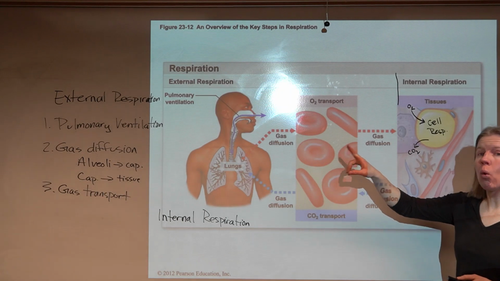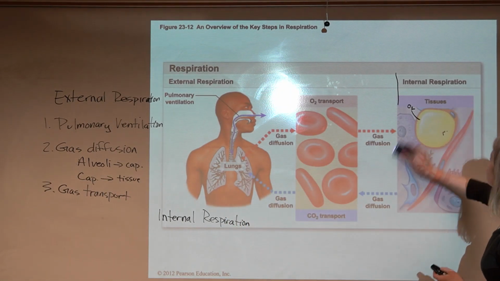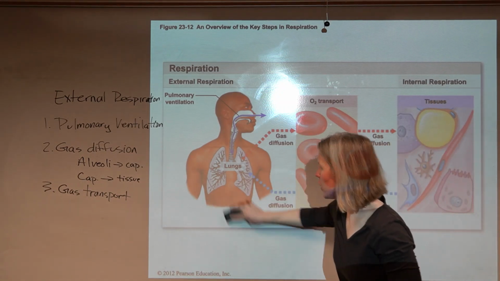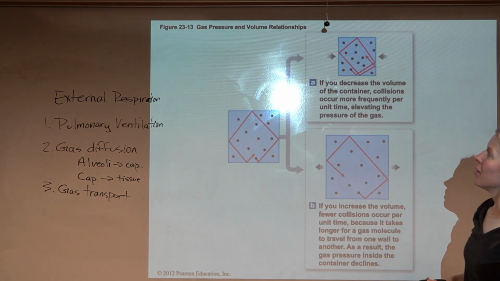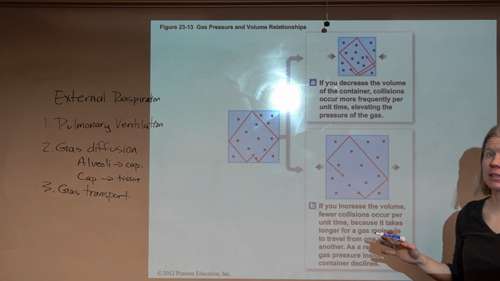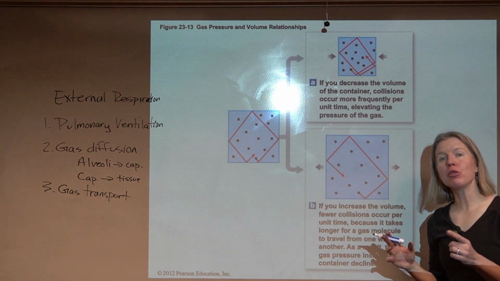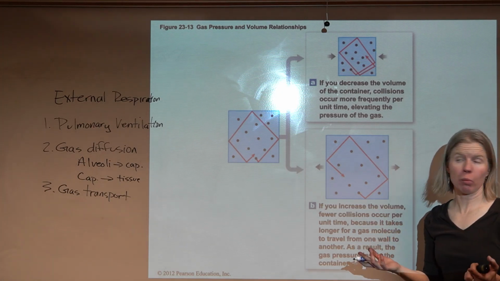So let's look more at these factors that make up external respiration. Okay, so our first one here, pulmonary ventilation. Now, there's a few things that you need to know in order for pulmonary ventilation to make sense. The first of those is that air is always going to move from an area of higher pressure to an area of lower pressure.